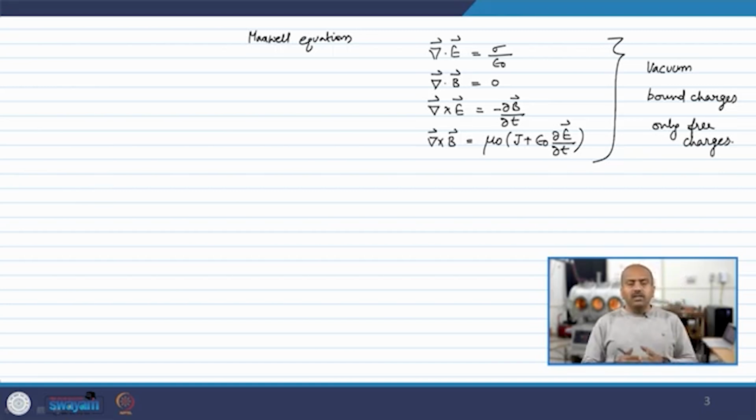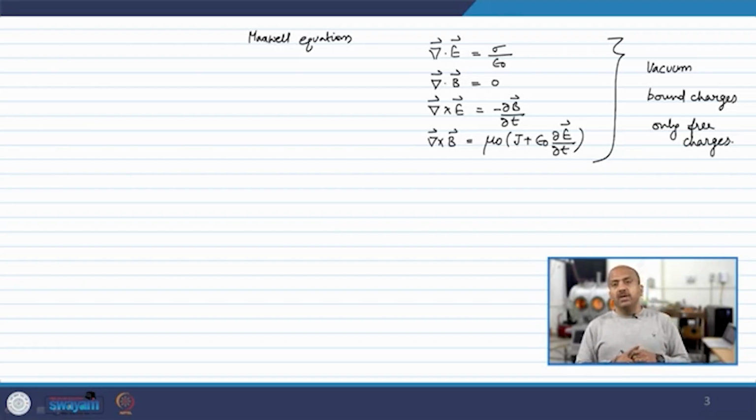What are free charges? Free charges are just free electrons, and if you consider a material subjected to an electric field, then you have to think of polarization and the displacement electric field which comes into existence. If you do not consider all that, you just take vacuum where only free charges are present and their effects are felt, you consider these 4 Maxwell equations.